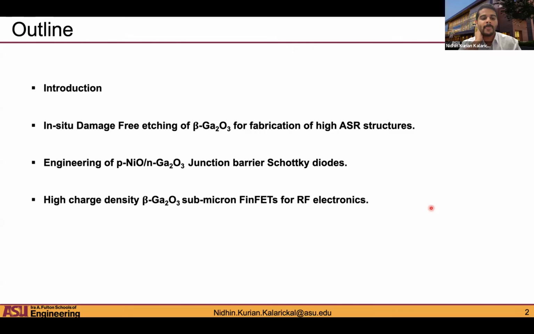And then I'll talk about engineering of nickel oxide, gallium oxide diodes that can achieve low turn-on voltages and high reverse breakdown performance. And finally, I'll end with our recent work on fabrication and engineering of submicron FinFETs, and this is particularly focused on high-frequency transistors.